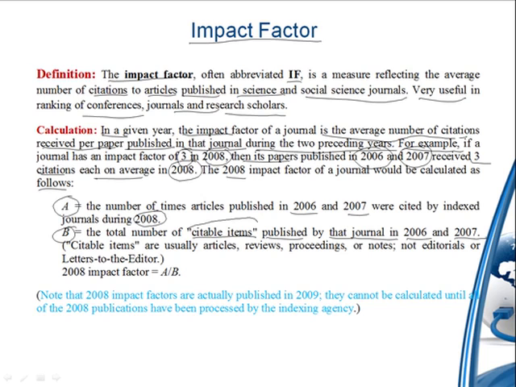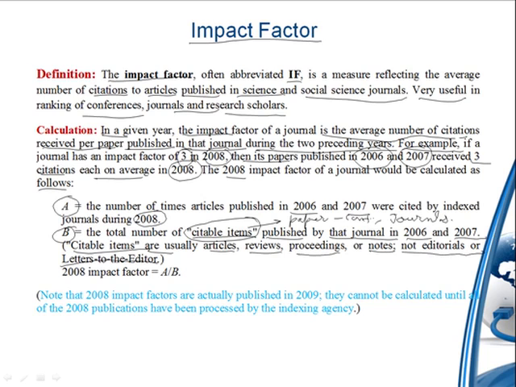Citable items means papers, either conference papers or journal papers. The citable items are usually articles, reviews, proceedings or notes, not editorials or letters to the editor.